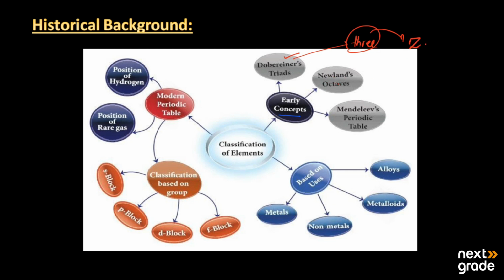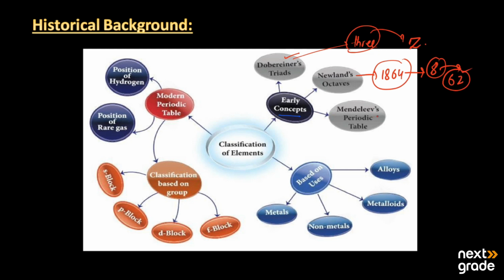Newland was an English chemist. He arranged the elements in 1864 in groups of 8, and he arranged a total of 62 elements. So it was a simple work of Newland.